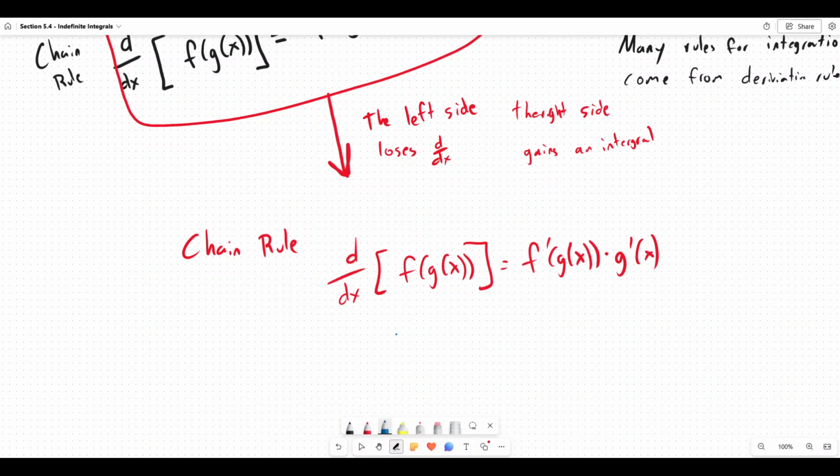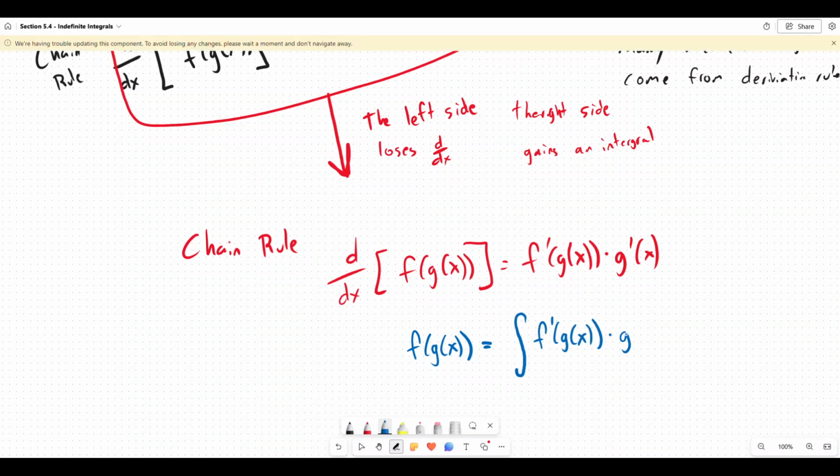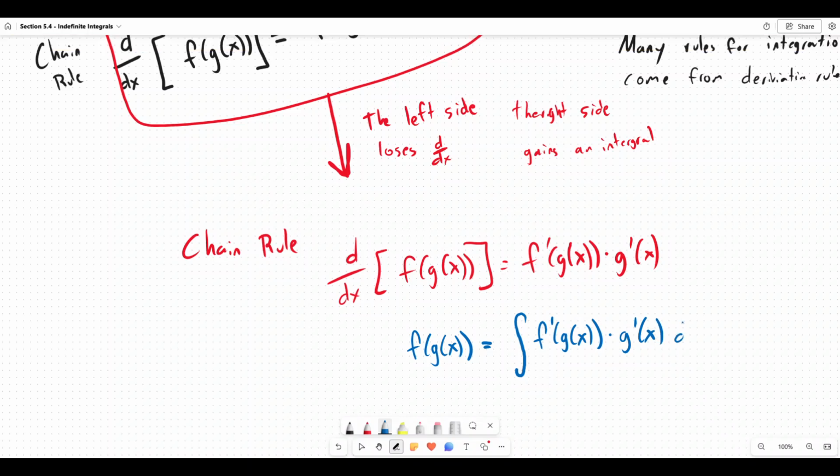We can rewrite that as: f of g of x equals the integral of f prime of g of x times g prime of x dx. Allowing us to go from integration and derivation back and forth.